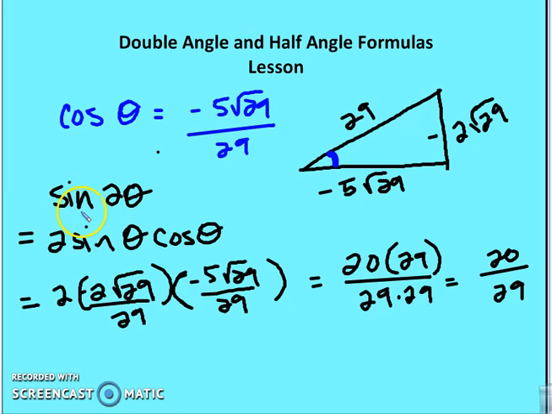Then I'm going to rewrite sine 2 theta using my double angle formula, 2 sine theta cosine theta, substituting negative 2 root 29 over 29 for sine theta and negative 5 root 29 over 29 for cosine theta. I end up with 2 times negative 2 root 29 over 29 times negative 5 root 29 over 29, which ends up being 20 times 29 over 29 squared, or 20 over 29.